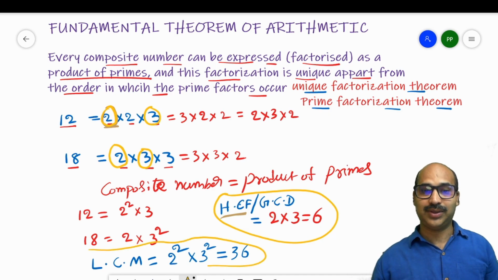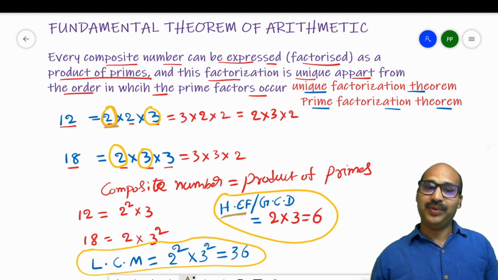LCM is equal to 36. So while calculating LCM, we have to consider maximum powers. While calculating the HCF, we have to consider minimum powers which are common for 12 and 18, or which are common for the given numbers.